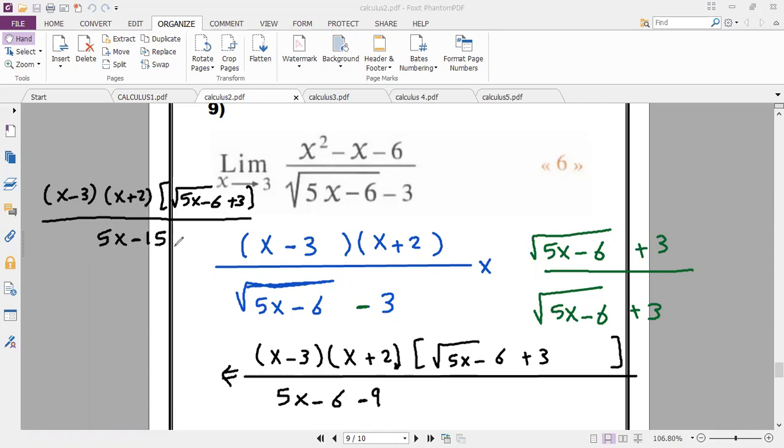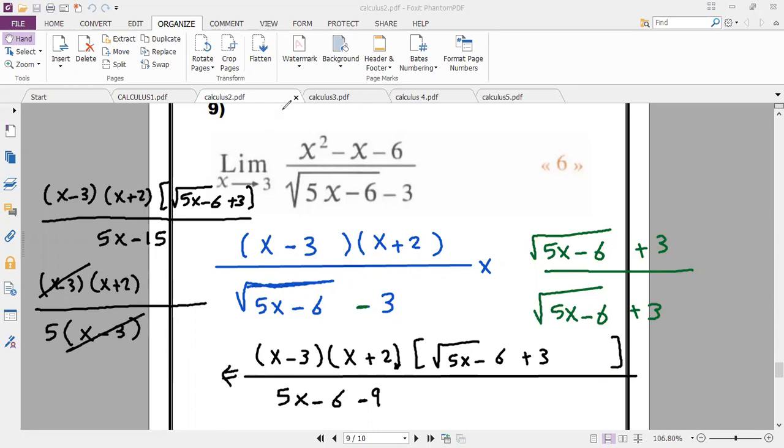Okay, then we can take 5 as a factor down here. So it's x minus 3 at the top as it, multiplied by x plus 2 multiplied by the square root of 5x minus 6 plus 3. Write it as it. Take 5 as a factor, so it will be x minus 3. Then you are going to cancel x minus 3 and x minus 3.